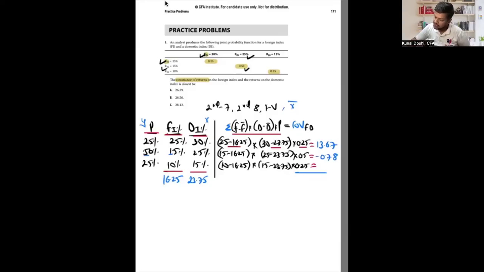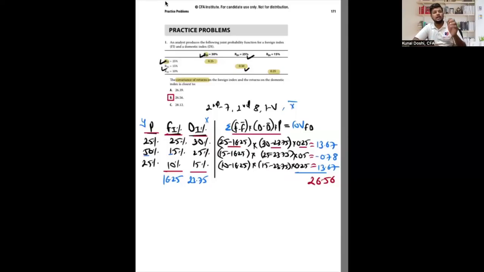Then 15 minus 23.75 times recall 3 times 0.25. I get a value of again 13.67. Store 3. Then recall 1 plus recall 2 plus recall 3, and you'll get approximately 26.56, which is B.